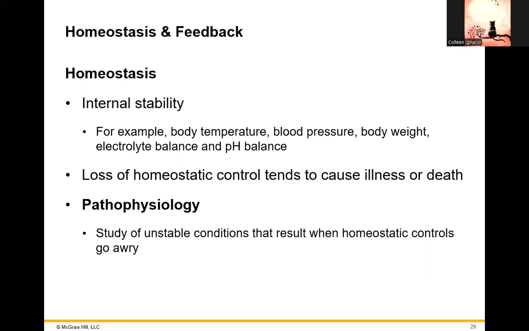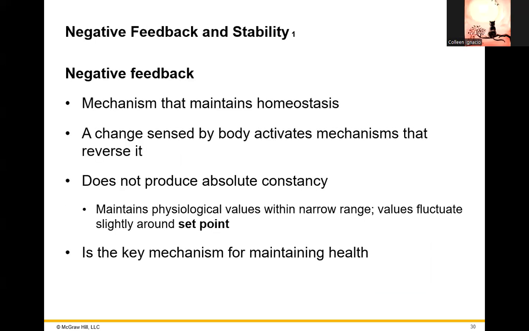Now, pathophysiology is the study of unstable conditions that result when homeostatic controls go awry. So homeostasis is very, very important. So let's talk about negative feedback and then positive feedback. The most common mechanism that you will see is negative feedback. And so this negative feedback is a mechanism that helps us to maintain homeostasis, that internal steady state.